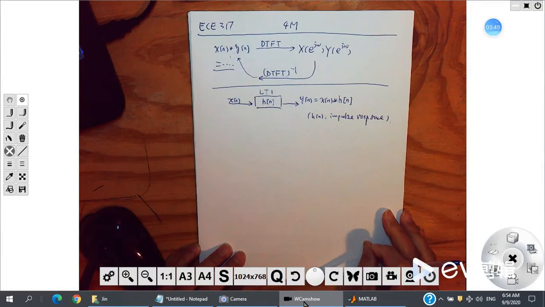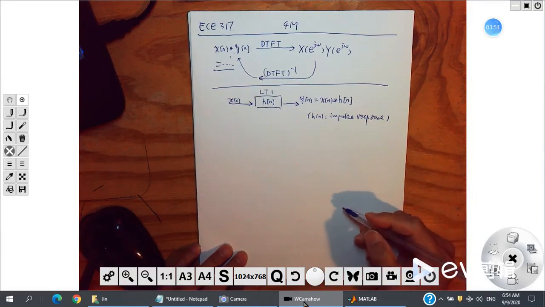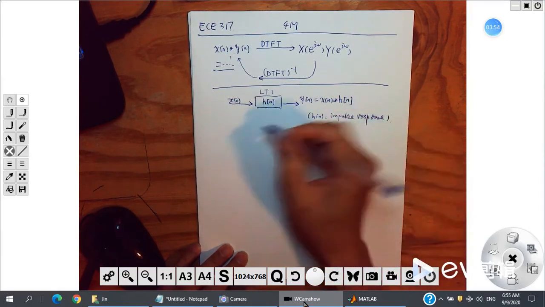Okay, now we use the Fourier transform. The process works like this.